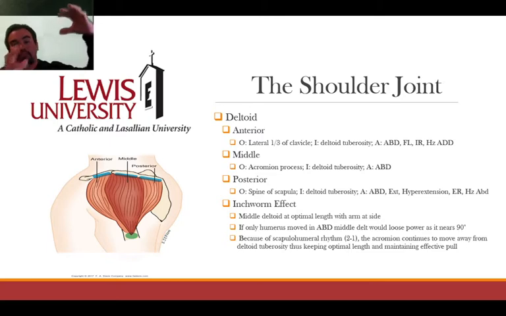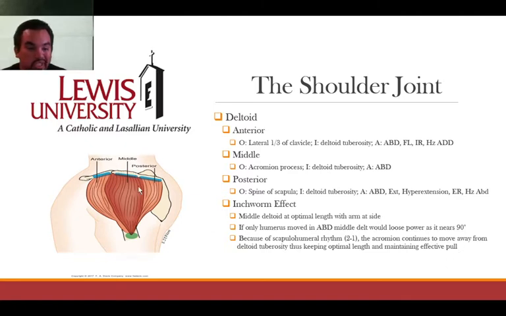Now that scapula starts moving 1 to 2 degrees as well, causing that scapulohumeral rhythm so that it allows the whole muscle to work. And then the acromion continues to move away from the deltoid tuberosity and keeps that optimal length while maintaining an effective pull.